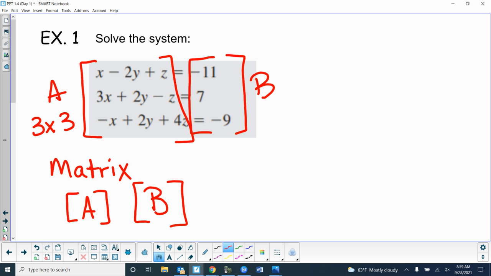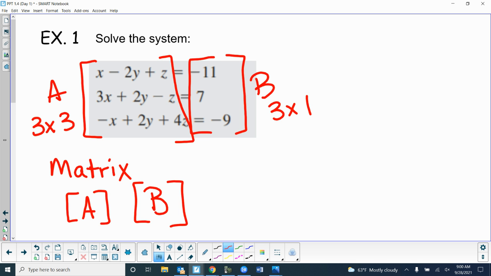And it's got 3 rows, but only 1 column. So we have dimensions to matrices. And we're going to put our coefficients in for each matrix, and then I'll show you what we'll do to solve it.